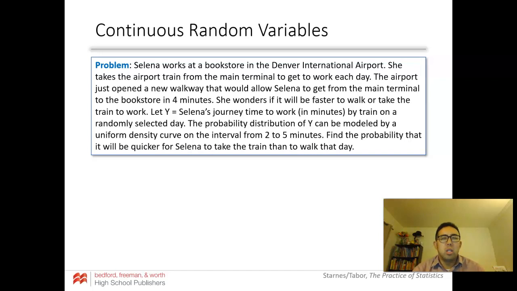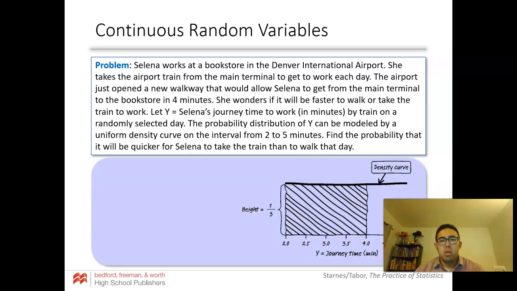Let y equal Selena's journey time to work in minutes by train on a randomly selected day. The probability distribution of y can be modeled by the uniform density curve on the interval from 2 to 5 minutes. Find the probability it'll be quicker for Selena to take the train than to walk that day.